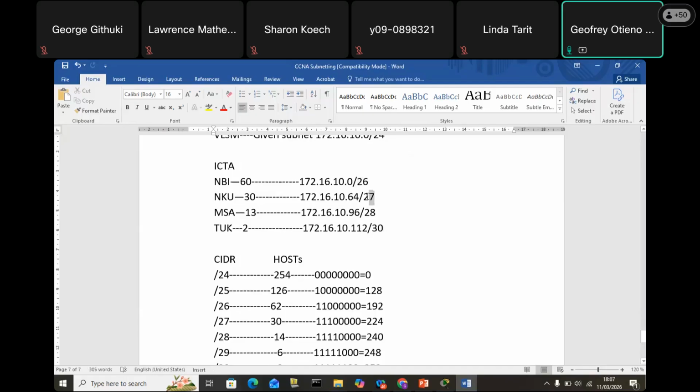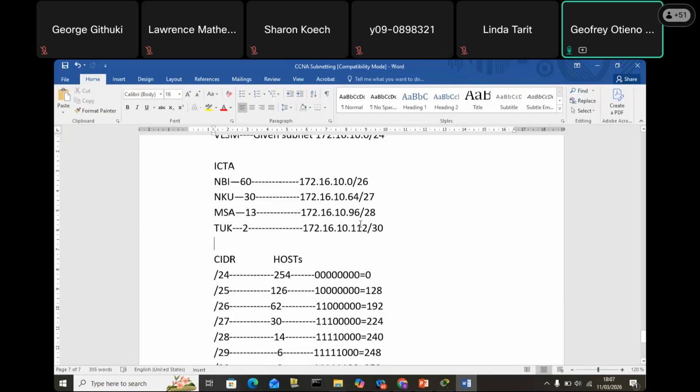This prefix determines this one, and this one, 28, determines this. We know the borrowed bits for this 28 is 240, so 4 bits borrowed, remaining 4. 256 minus 240 gives 16, which we add on top of 96.